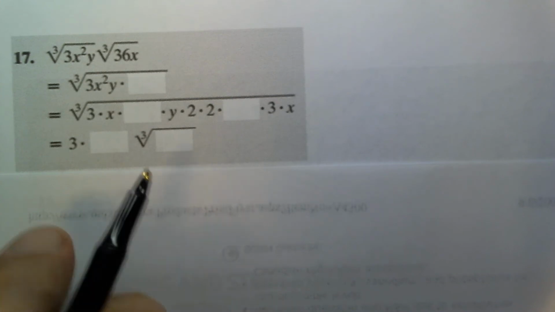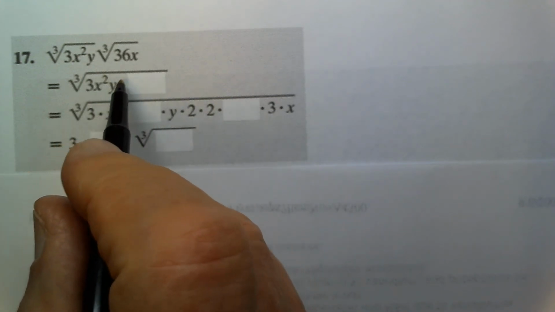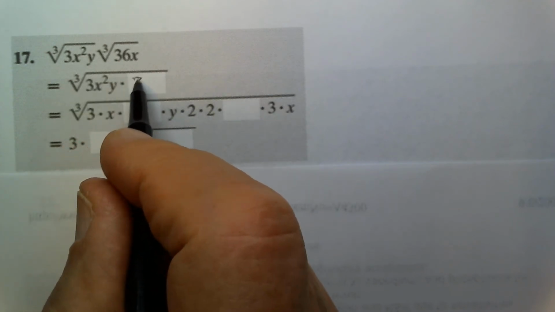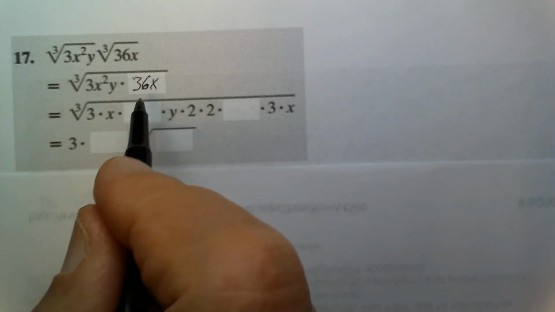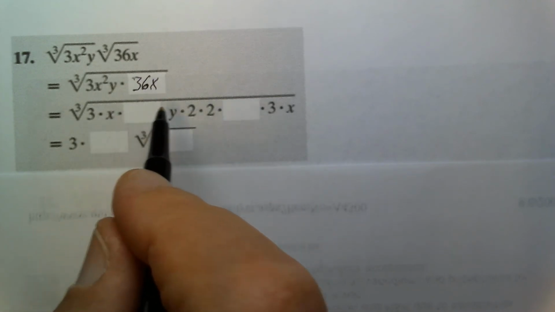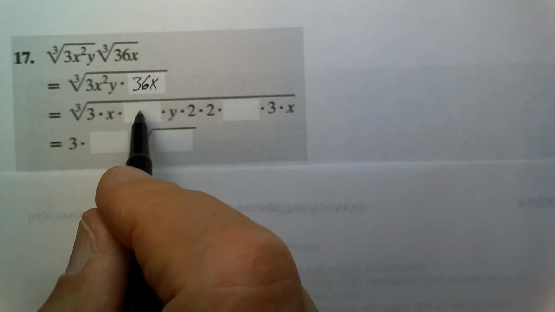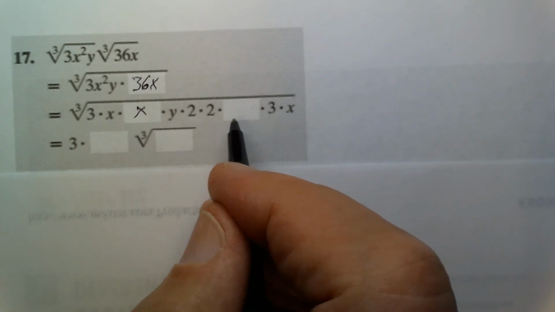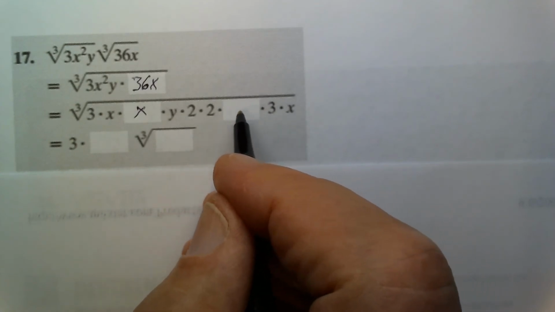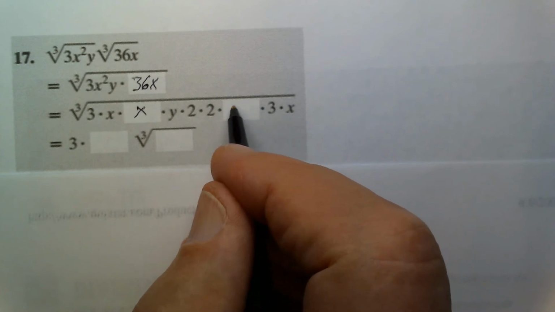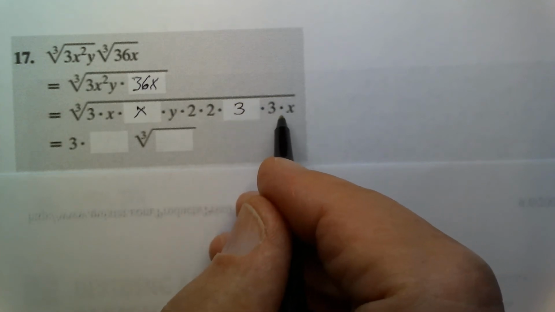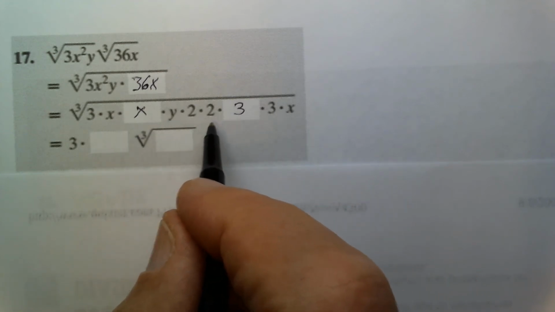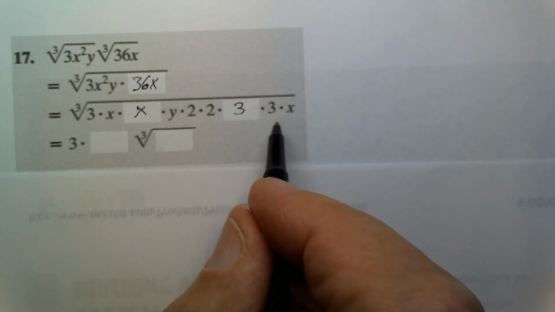Number 17 is the guided solutions. We write these expressions under one cube root radical symbol, so times 36x, and that becomes 3x times x times y times 2 times 2 times 9, or 3, so 3 times 3. So we have 3x squared y times 4 times 9, 36x.